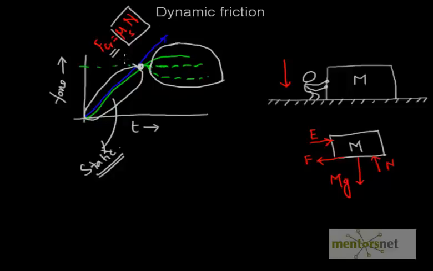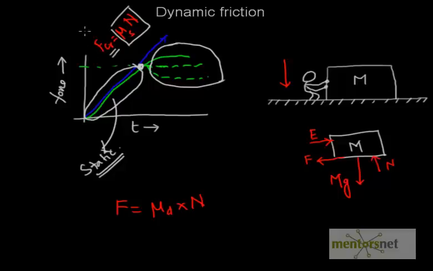So as you could see from this equation, this friction force, that is the dynamic friction which is being applied on the body once the body has started moving, is constant. It doesn't matter what speed it is going at, the dynamic friction is constant, and it is given by mu dynamic into the normal reaction.